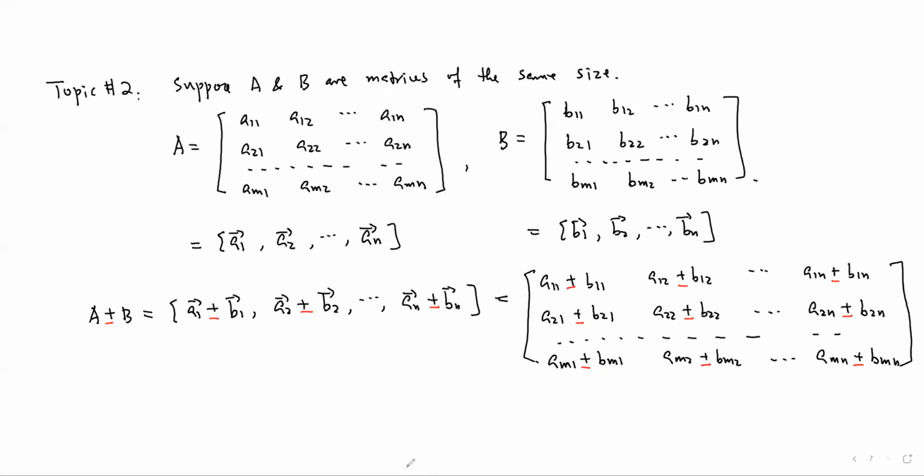Now the second operation, a scalar times a matrix. C is a number times a matrix. In columns, it is the number times the first column. One column is a vector.